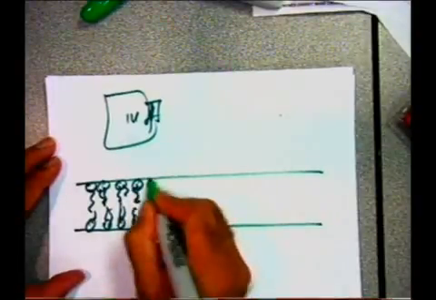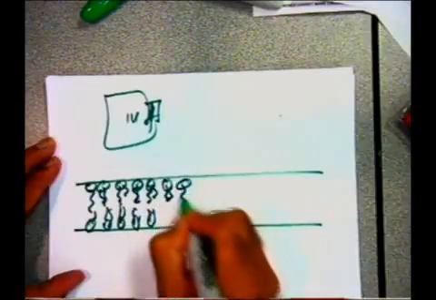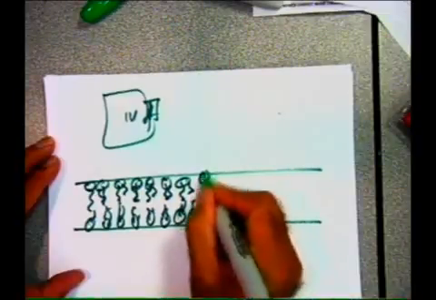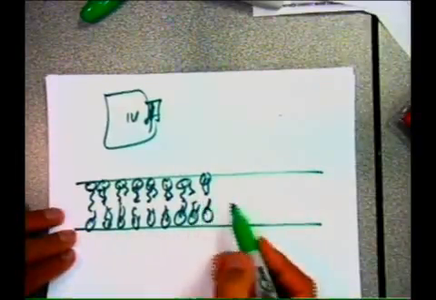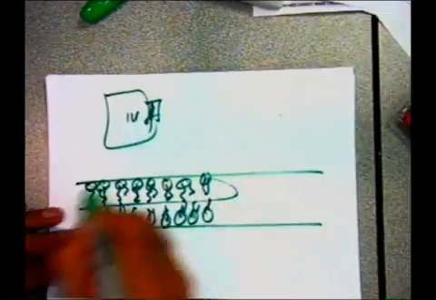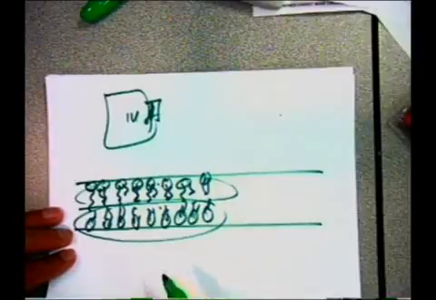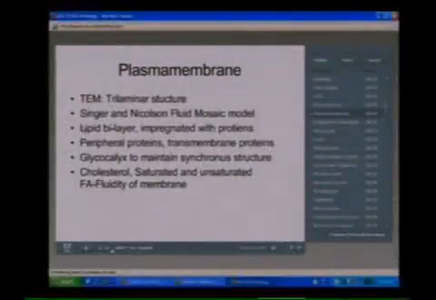This is called a bilayer. This is one layer of lipids and this is another layer of lipids. So, a lipid bilayer membrane.